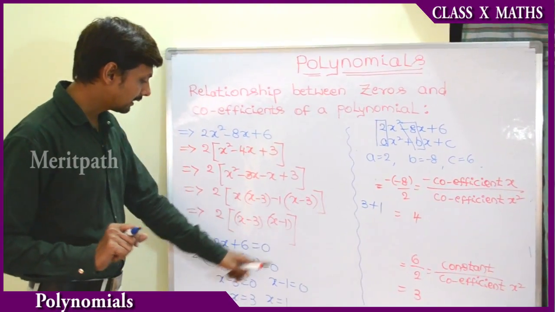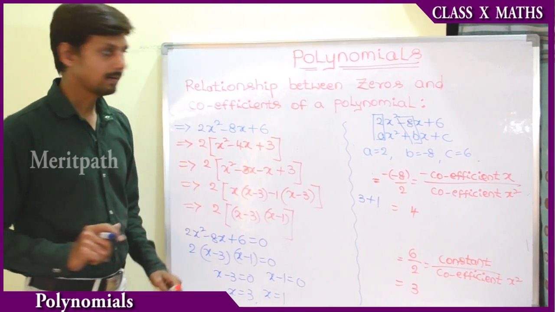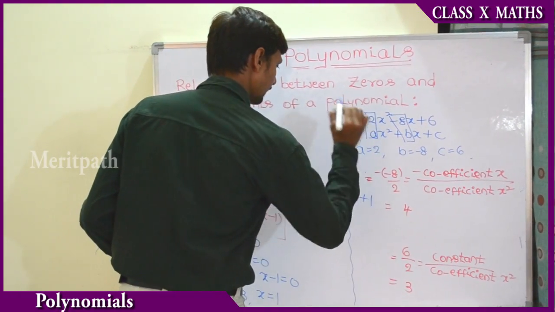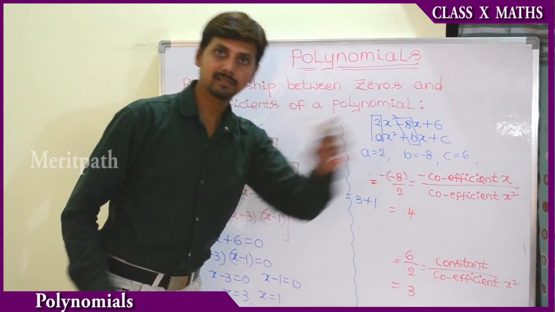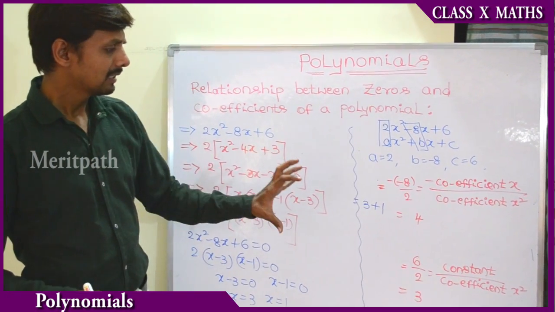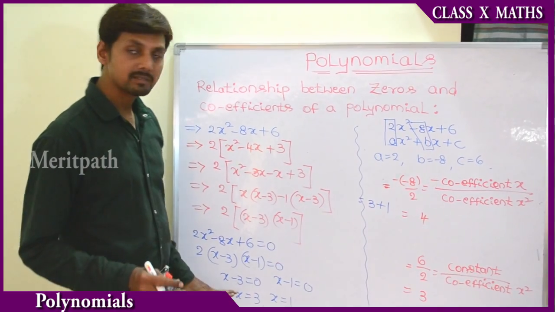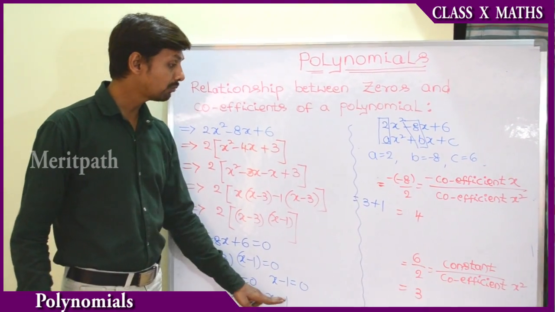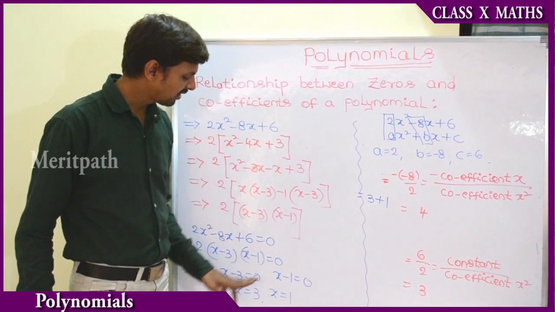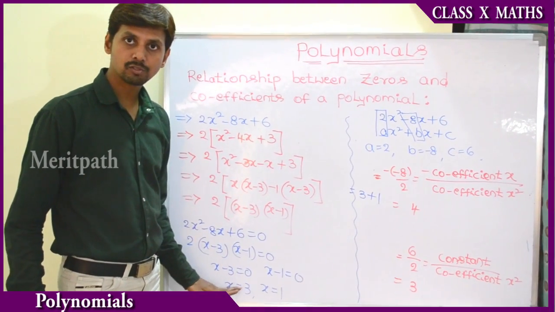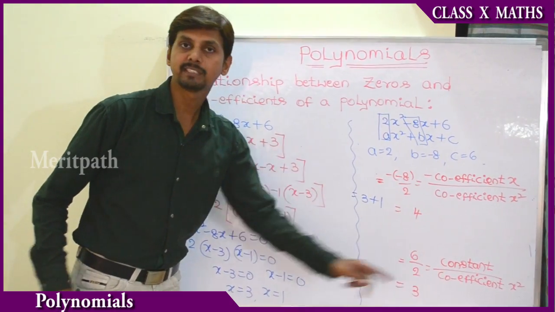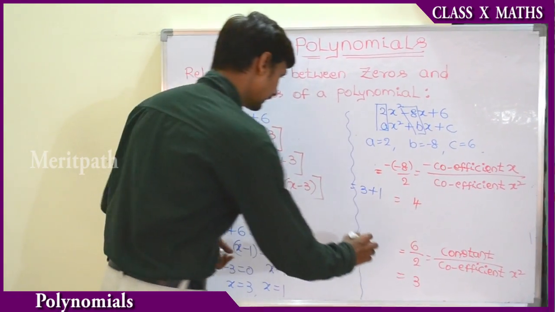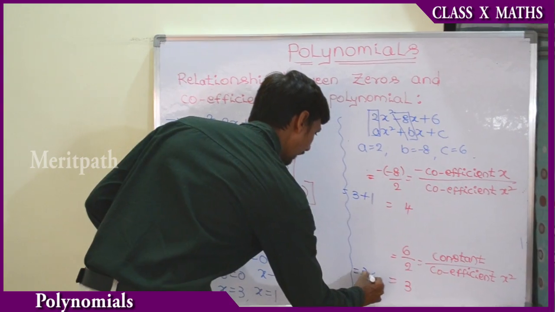And if you consider the second one, constant by coefficient of x squared, and relate this to the zeros of the polynomial 3 and 1, if we multiply these two zeros of the polynomial, then we get the constant by coefficient of x squared. That is nothing but 3 into 1.